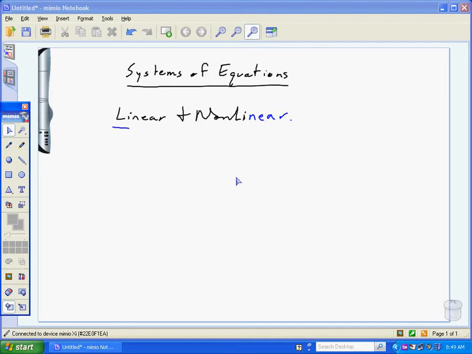We did a couple things. We did these by the algebraic method, right? When we had a linear and a non-linear, we did substitution.